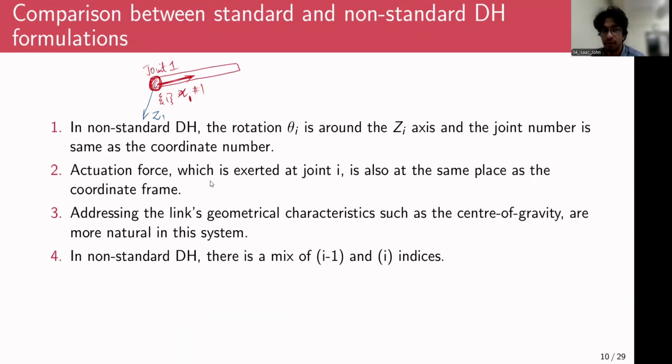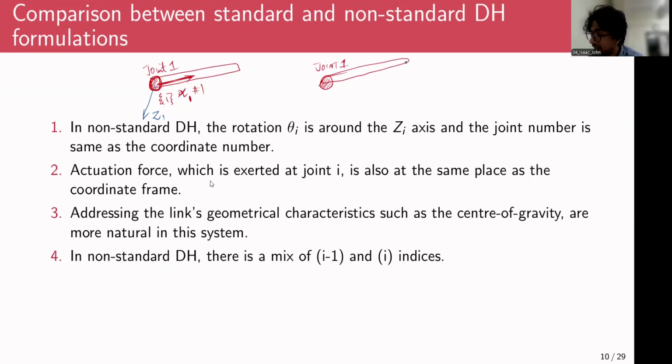But in case of a standard DH representation, something like this, we have a joint, the first joint to be here, joint 1. In the standard DH representation, we will be attaching a frame onto the rigid body at the distal end, not at the proximal end.